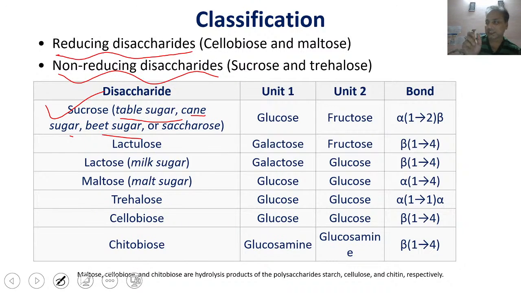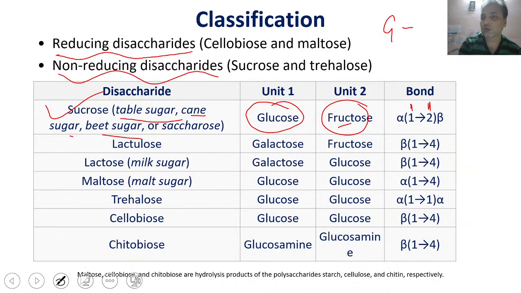Sucrose is the combination product of glucose plus fructose. From glucose we use the first carbon, and from fructose we use the second carbon. Remember, I have told you, in glucose C1 is anomeric, in fructose C2 is anomeric.